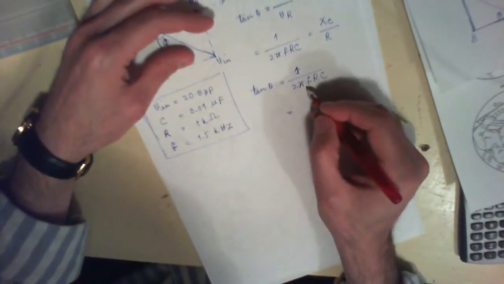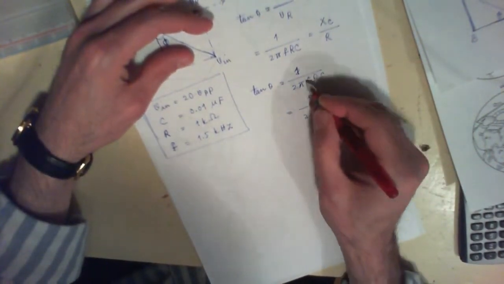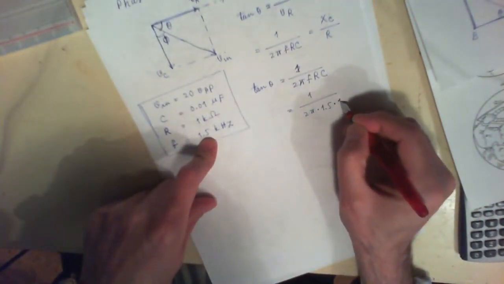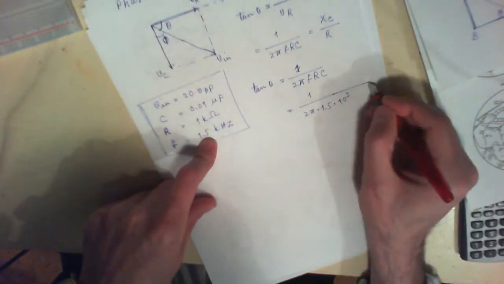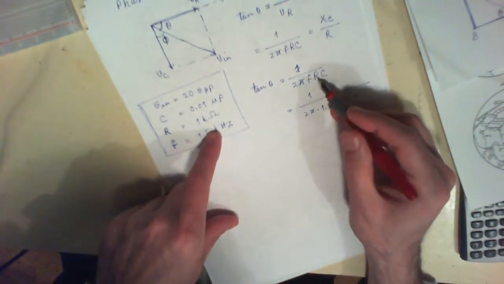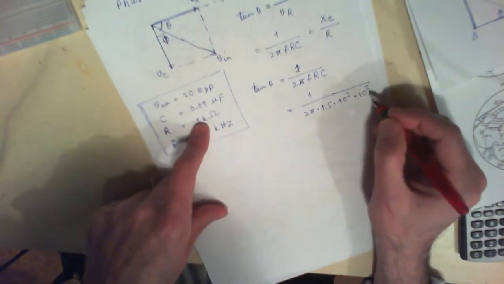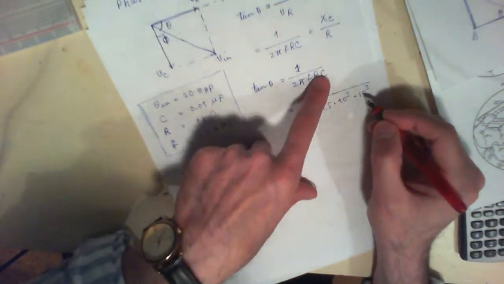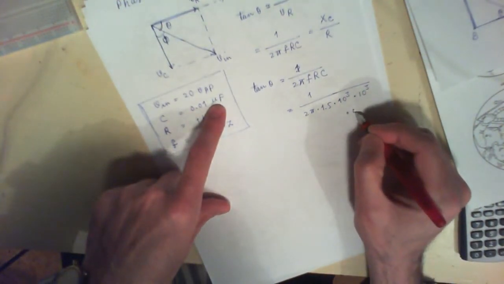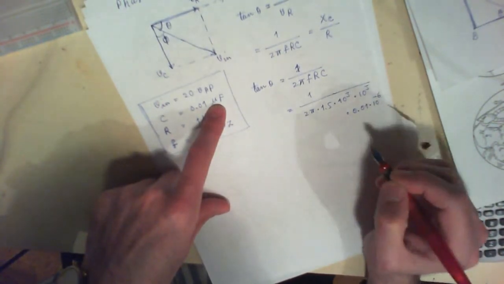So this is equal to 1 over 2 pi times F, which is 1.5 kilohertz, so 1.5 times 10 raised to the power 3 hertz, times R, which is 1 kilo ohm, so 10 raised to the power 3 ohm, that's 1000 ohm, and then C, which is 0.01 microfarad, so 0.01 times 10 raised to the power negative 6 farad.